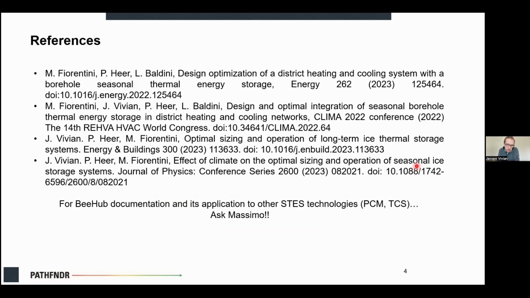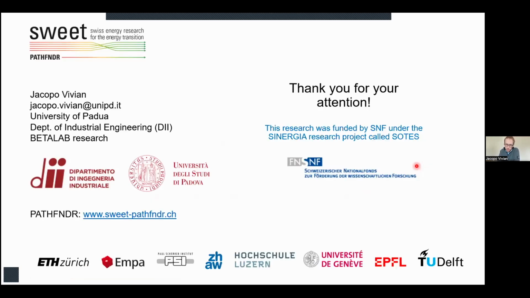These are the references of the results I was talking about, so you can have a deeper look. And for both the BHub documentation and its application to other technologies like phase change materials or thermochemical storage, feel free to ask Massimo Fiorentini, because he's still working on these topics under the SOTES project.